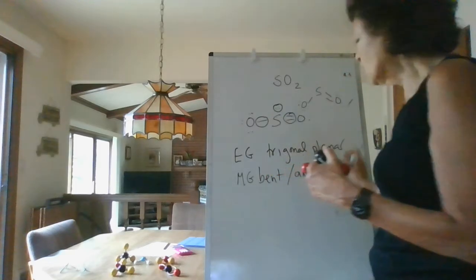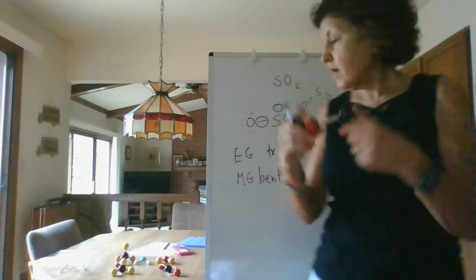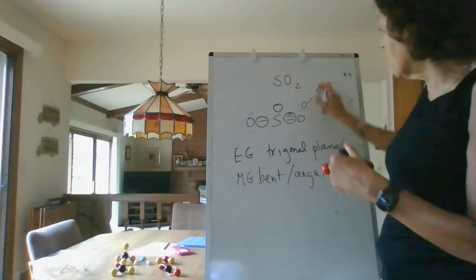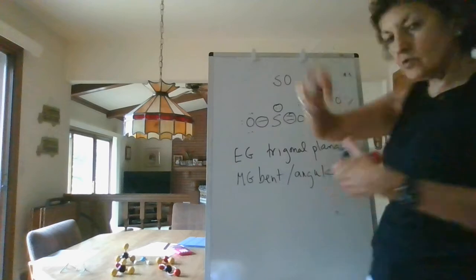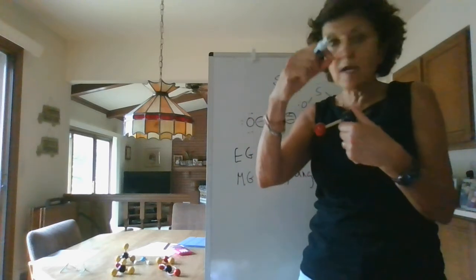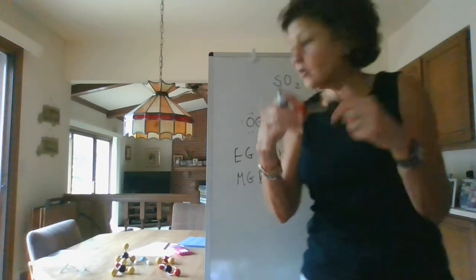Either term works. You should know both terms, okay? Bent, angular. It still has 3 electron dense areas, but because this doesn't have an atom up here, like you did with the formaldehyde, it's not a trigonal planar geometry, it's a bent geometry.